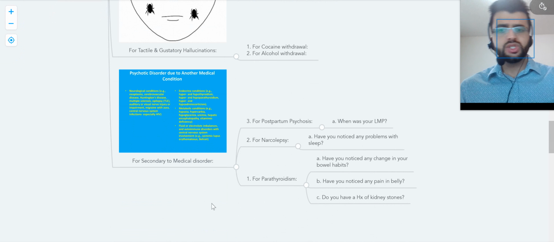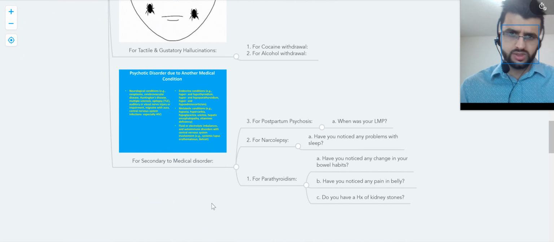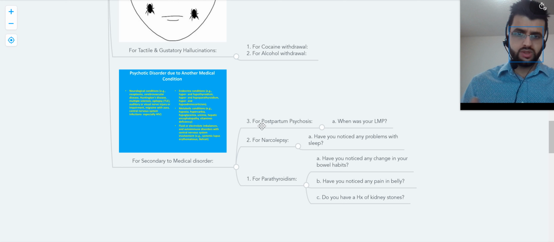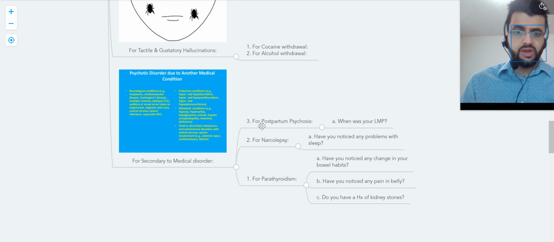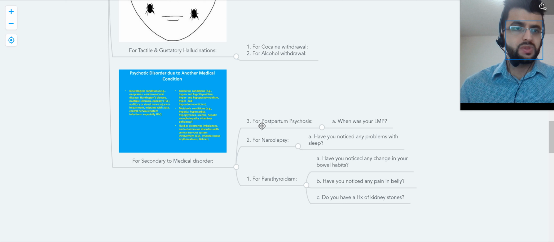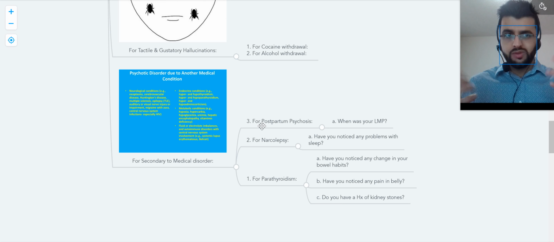Now, this is interesting. When secondary to a medical diagnosis, there are three things. Postpartum psychosis, so obviously you ask if there is any recent pregnancy, usually within 4 to 8 weeks. Narcolepsy too, like do you have any problem with sleeping? Do you have the symptoms? So when we have our medical knowledge, we know how to ask.